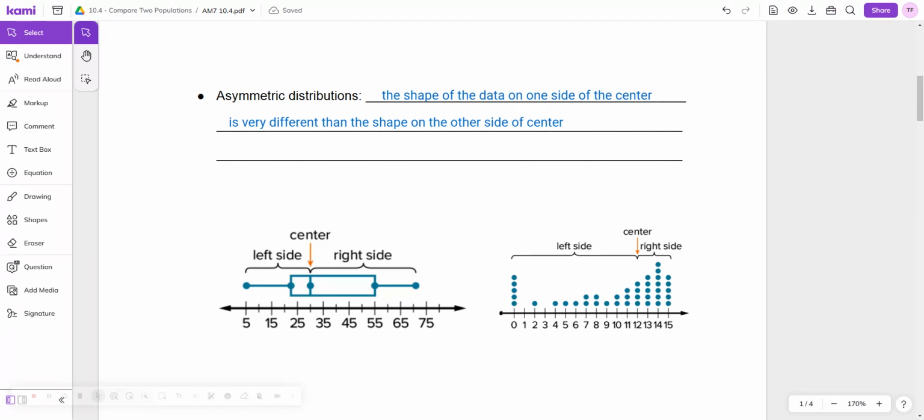Okay? Now, the shape of the data helps us determine what number we need to use to best describe the center of the data, the middle of the road. If we have symmetric data, to be honest with you, we can use both median and mean. If we have asymmetric data, though, we can only use the median.